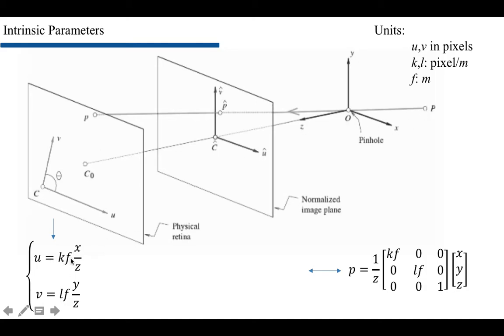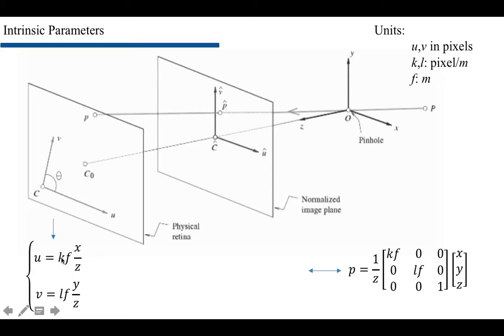So it's exactly the same. F is the focal distance, expressed in meters. Then we have X, Y, and Z, expressed in meters. And we have new variables, K and L. There's a relationship between the distance and the number of pixels in the CCD sensor. This is how many pixels per meter.